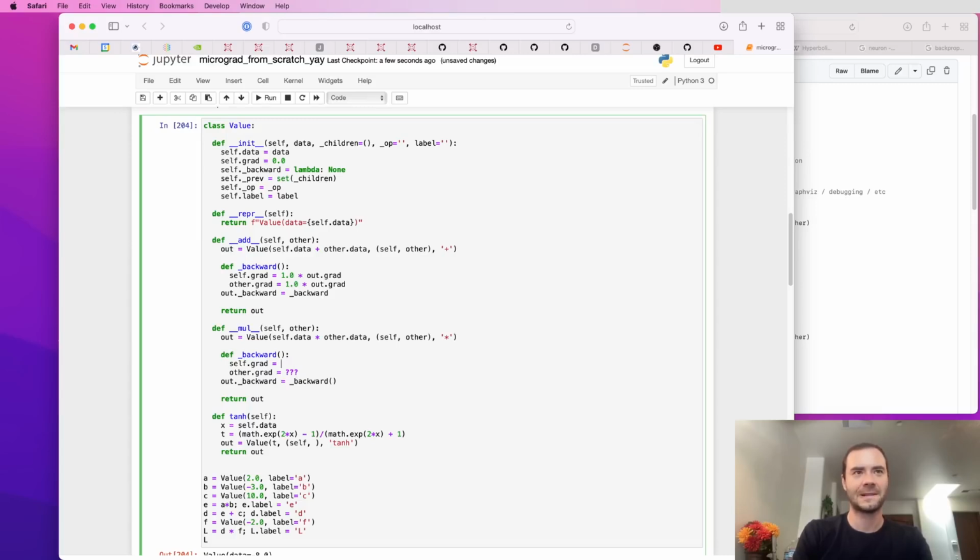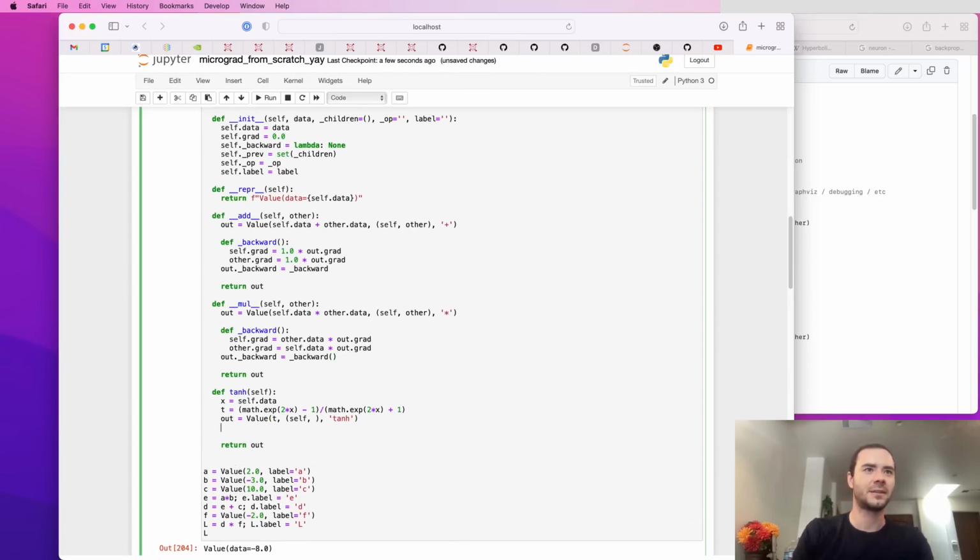Can you think through? So what is the local derivative here? The local derivative was other.data, and then times out.grad. That's chain rule. And here we have self.data times out.grad. That's what we've been doing.